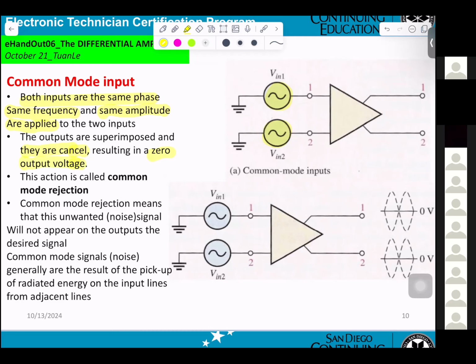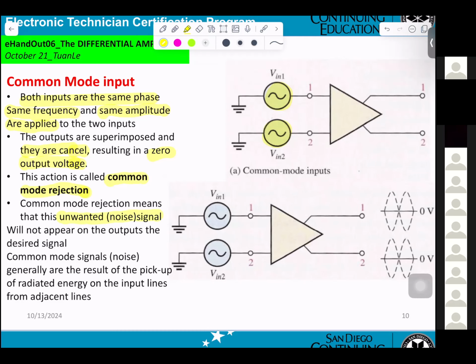This action is called common mode rejection. Common mode rejection means that if an identical signal is applied to input 1 and input 2, it is considered to be the noise, the unwanted signal.